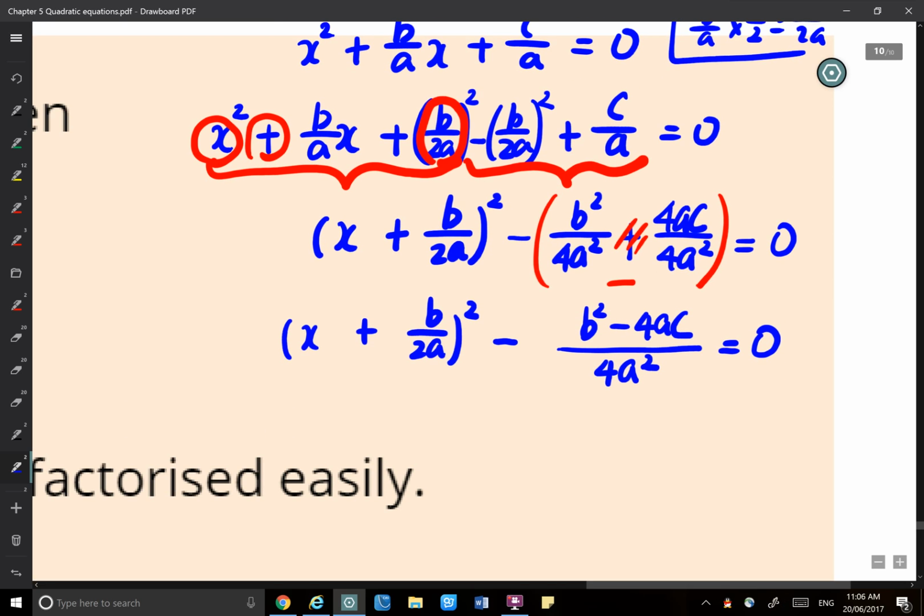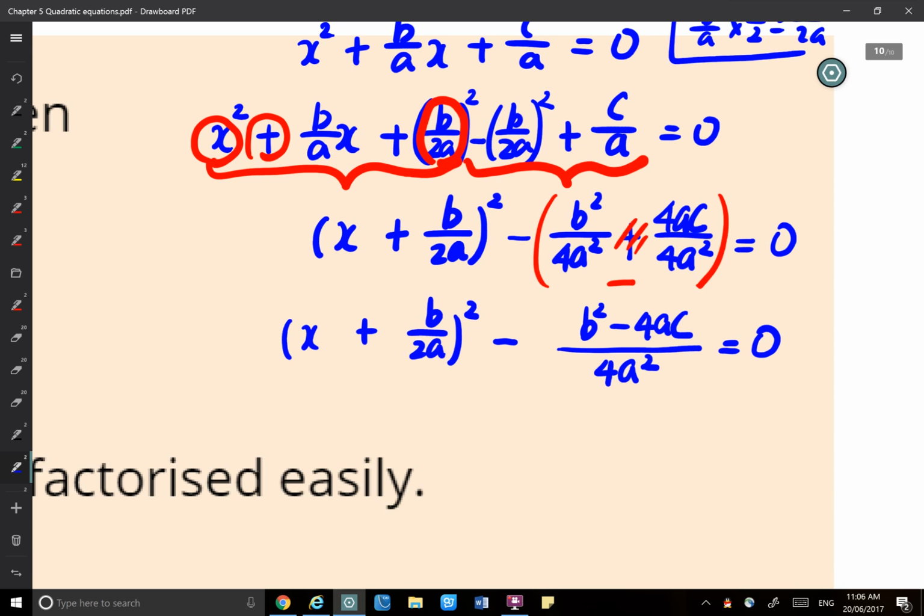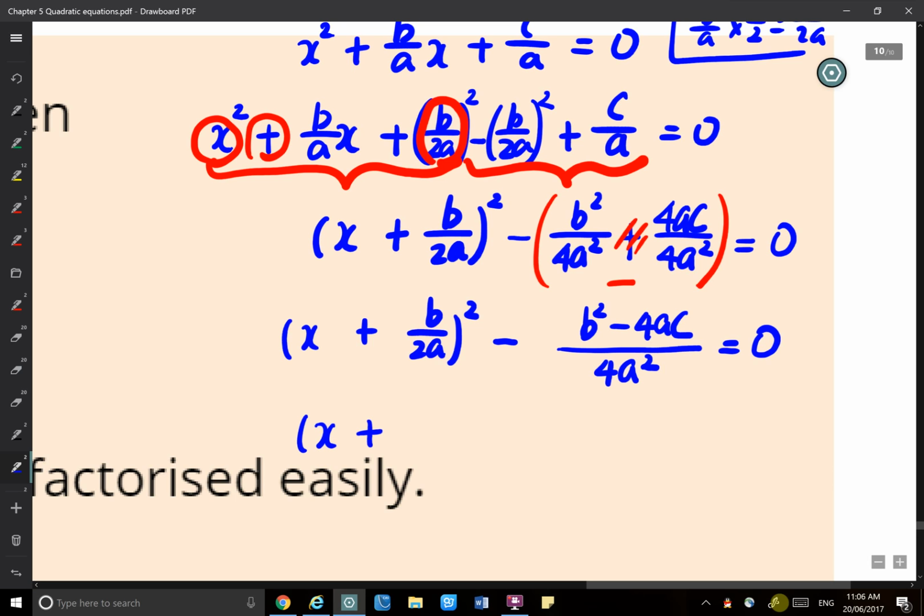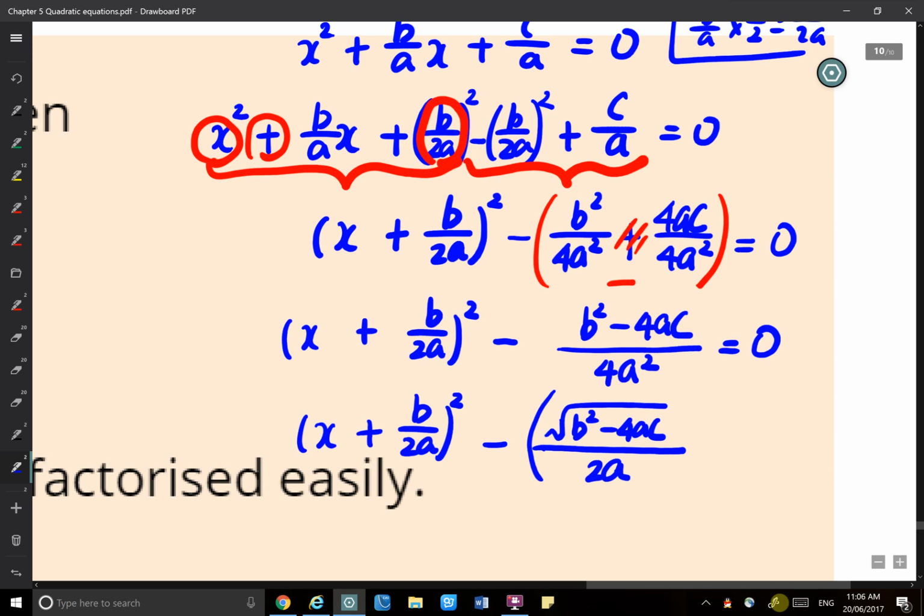Okay, I want a squared minus b squared form. I want to factorize it. So I can have x plus b over 2a, that's already in the square form, minus the square root of b squared minus 4ac. Square root that number over, and square root the bottom, I have 2a squared.